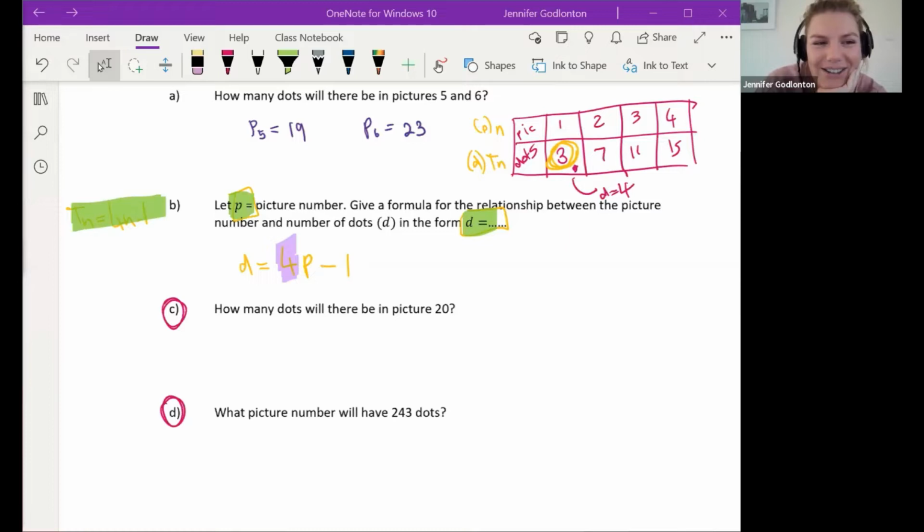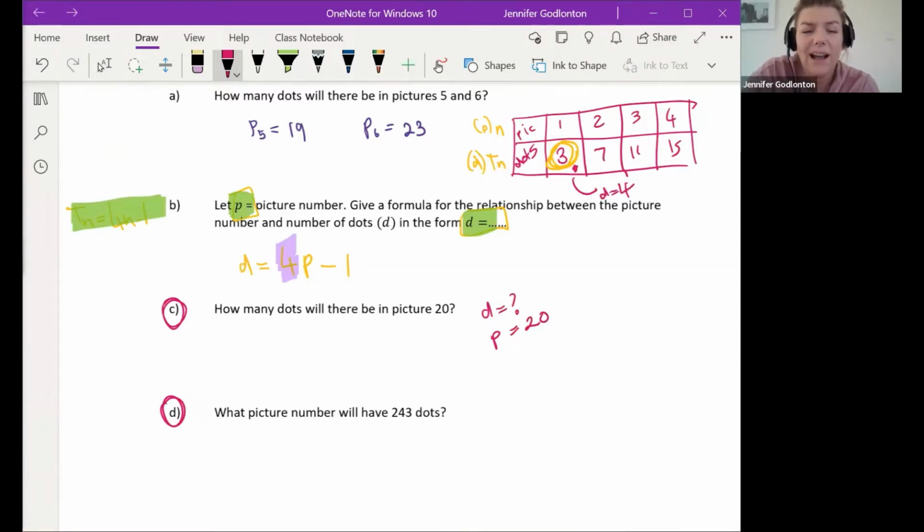Great, Lutando. And now we need to try and figure out the answer for D. 61. Okay. Let's see if I agree. Okay, so how many dots? Oh, sorry guys, I'm in highlighter mode. This is saying we don't know how many dots we have, but we know that our picture is 20.